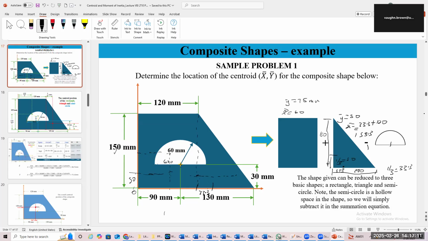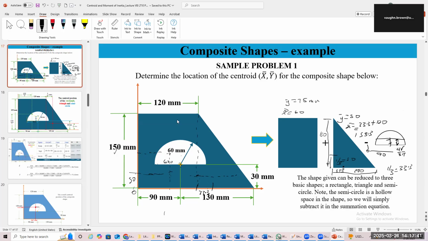And up here for the circle, you use a formula to get that little distance above there. That distance is 4r upon 3 pi. I'm hoping everybody can hear me. You add that section to the section you have below, so it's going to be 30 plus that section.